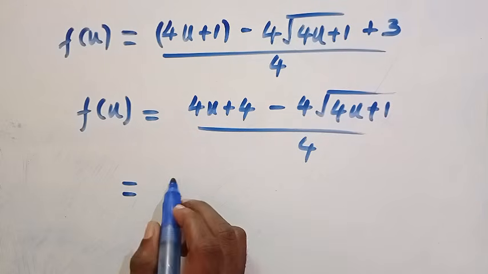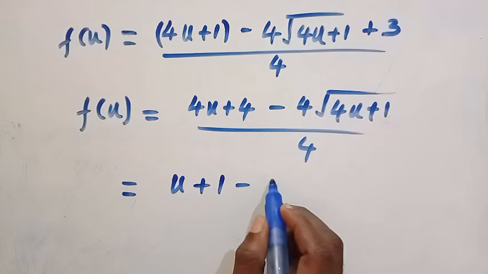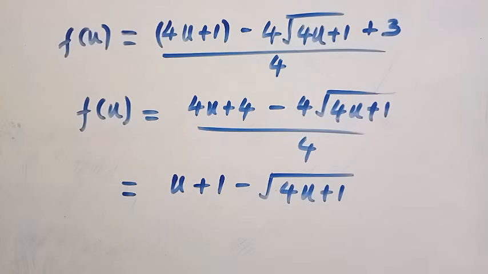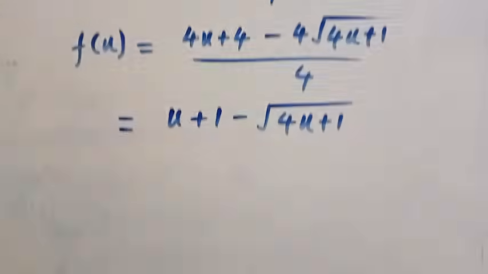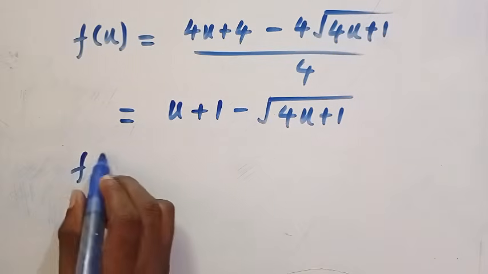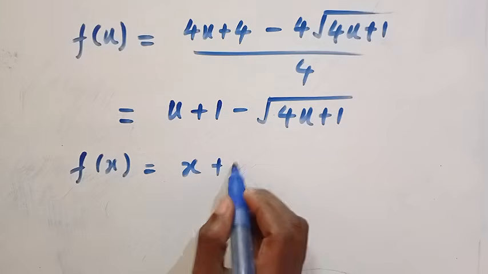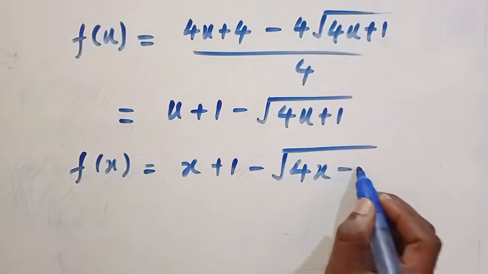If I factor out 4 and use it to divide, we have only u plus 1 minus square root of 4u plus 1. This is what we have at the end, but we have to change this u to x. So by changing u to x, we have f of x equals x plus 1 minus square root of 4x plus 1.